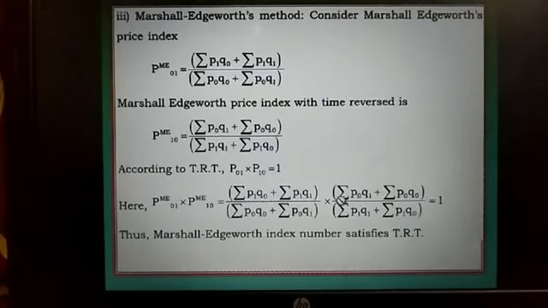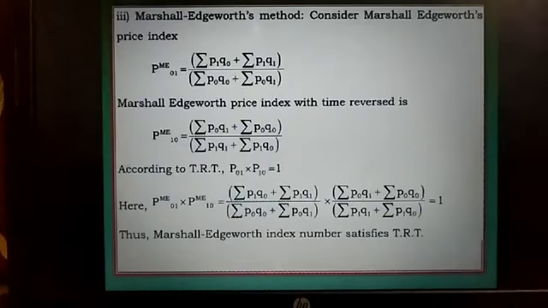In a similar way, the sum of P0 Q1 is present here. Here also the sum of P0 Q1 is present, plus in between. The sum of P0 Q0 is present, so here also the sum of P0 Q0 is there. So this also gets cancelled. All four aspects have cancelled each other, so 1, 1, 1 and 1 will be there. 1 multiplied by 1 is equal to 1 in the numerator, and again in the denominator 1 multiplied by 1 is equal to 1.